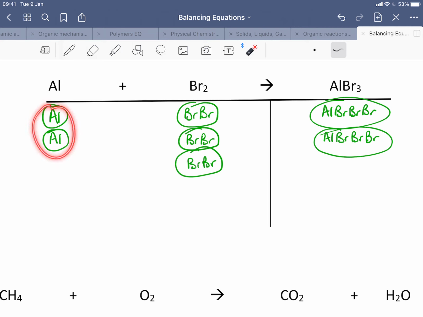I have 2 bubbles of aluminium, so I put a 2 there. I've got 3 bubbles of bromine, put a 3 there, and I have 2 bubbles of aluminium bromide, so I put a 2 there, and now I have my balanced equation.